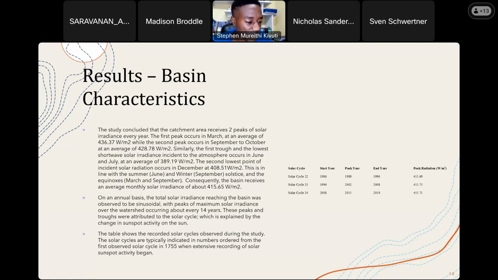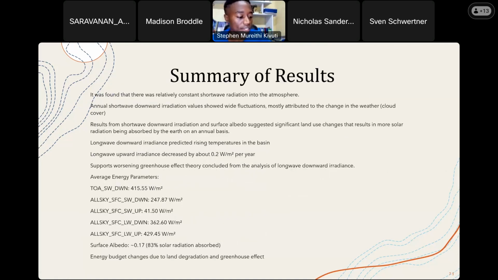Another thing to know is that their monthly values coincided with the summer and winter solstice and the equinoxes. So in a nutshell, the basin receives an average monthly solar irradiance of about 415.65 watts per meter squared. That's what this slide is trying to describe. So we can move to the next one.